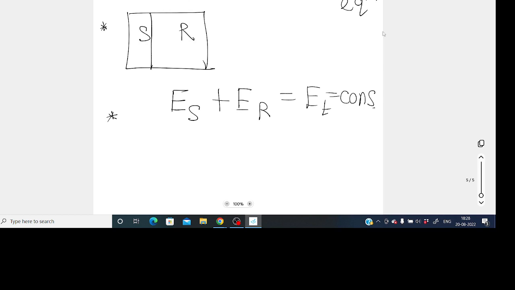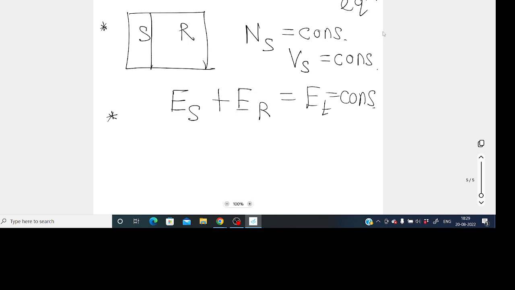Now we'll further assume that there is exchange of energy between S and R. So ES can vary, ER can also vary, but ES plus ER is constant. But the number of particles in system S is constant. So NR is also constant, as NS plus NR is constant. Similarly, Vs, the volume, is constant, so Vr is also constant.